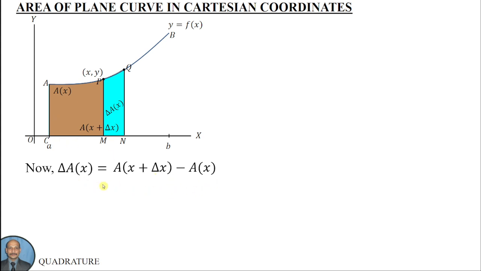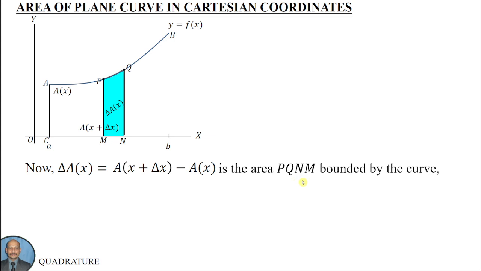So delta A(x) equals A(x plus delta x) minus A(x), and it represents the area of the strip PQNM bounded by the curve, the x-axis, and the ordinates at P and Q, the ordinate PM and ordinate QN.